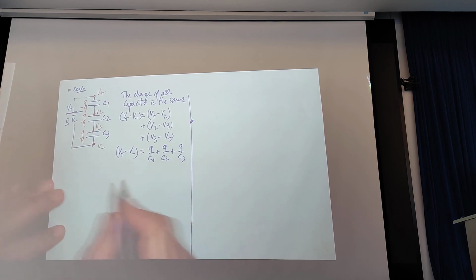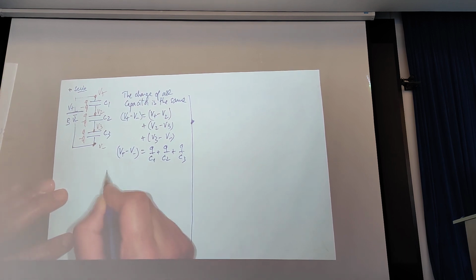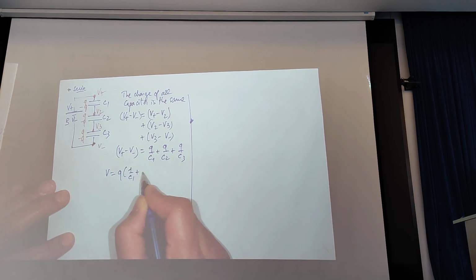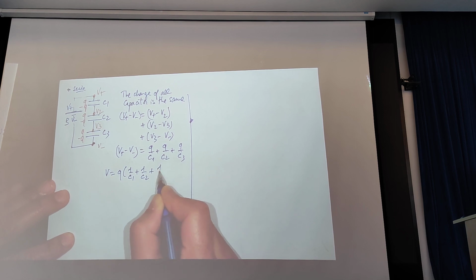Okay, so that means that V equals Q times 1 over C1 plus 1 over C2 plus 1 over C3.